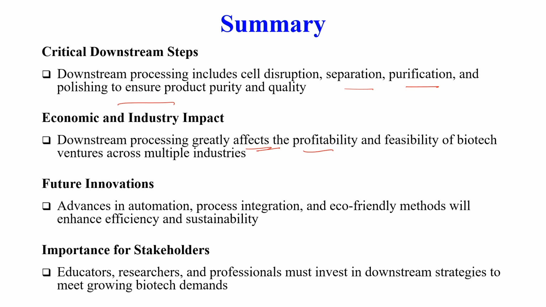Future innovations are needed for process integration and eco-friendly methods to enhance efficiency and sustainability. And last is the importance of stakeholders like researchers, engineers, educators and professionals. They must invest in downstream strategies to meet growing biotech demands.